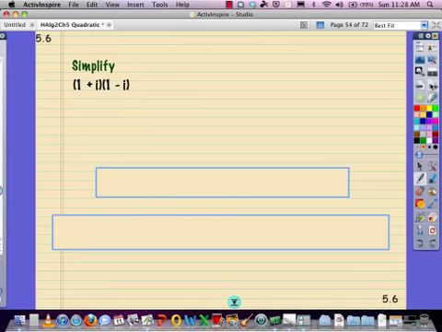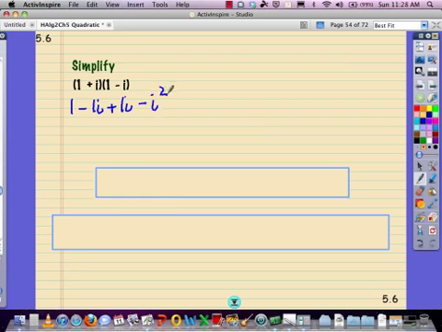Last but not least, let's talk about a characteristic here. This is another multiplication one, but a little easier. The numbers are small, so here we go in FOIL. First times first, 1. Outsides, we get a negative 1i. Insides, we get a positive 1i. And last times last, we get a negative i squared.